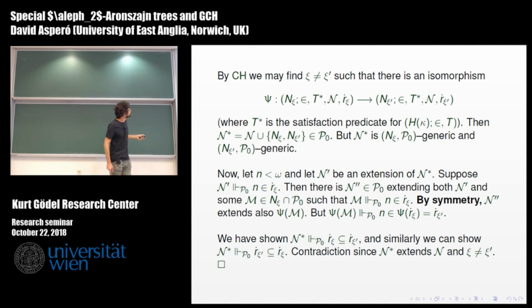So n double star extends this condition. So we've shown that n star forces that R xi is contained in R xi prime, and the other inclusion is symmetrical, and that's a contradiction, because n was forcing that they're all different.